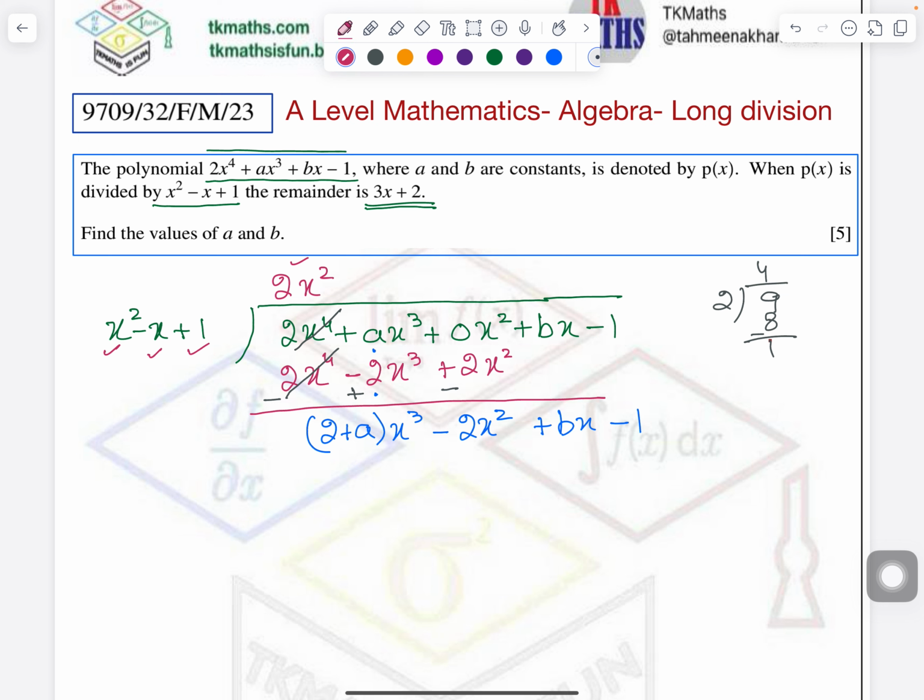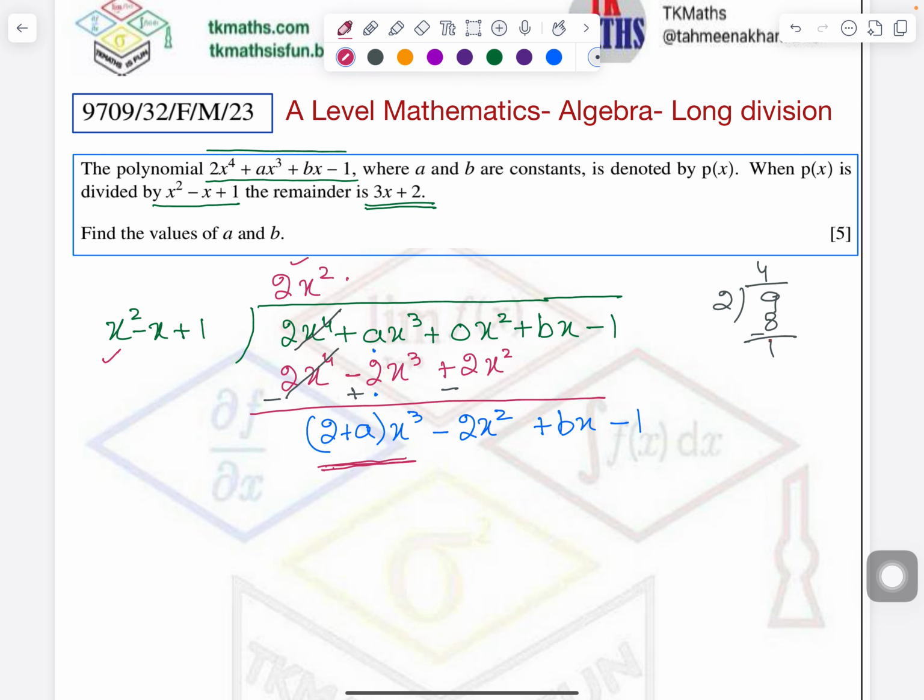Now I will multiply again x² by a term to get this. x² multiplied by what will give me this?